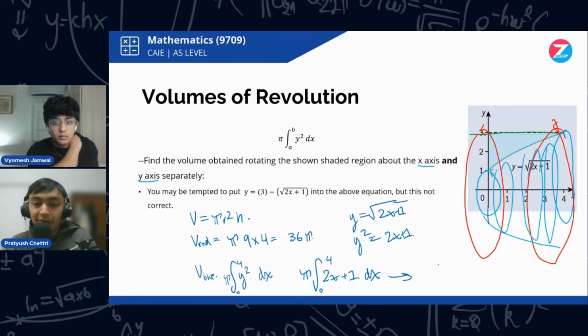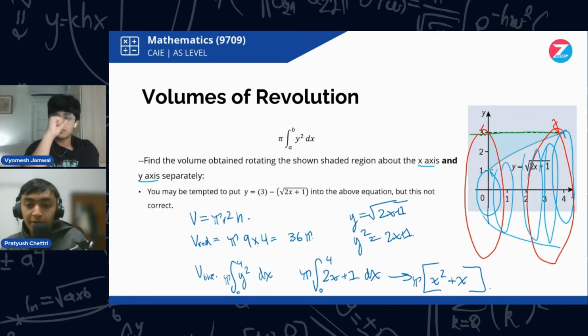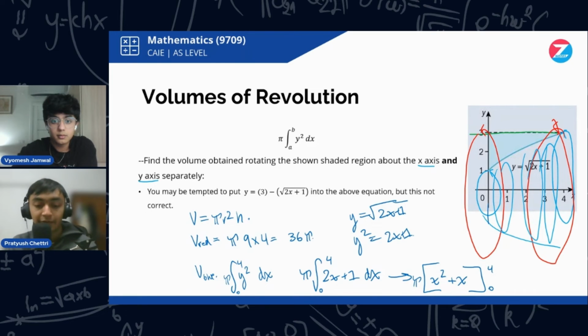That will bring us to x squared plus x integrated. Pi you can keep outside because you're multiplying. 0 to 4. And 4 squared plus 4 is 20. So this gives me 20 pi for the blue.